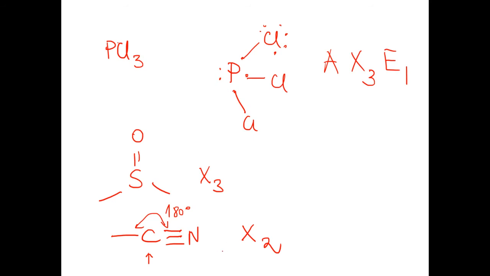So for example, the A value will be 1, and the A value is always 1 in the AXE model. So what is the E value here for the acetonitrile carbon? Zero, no lone pairs of electrons.